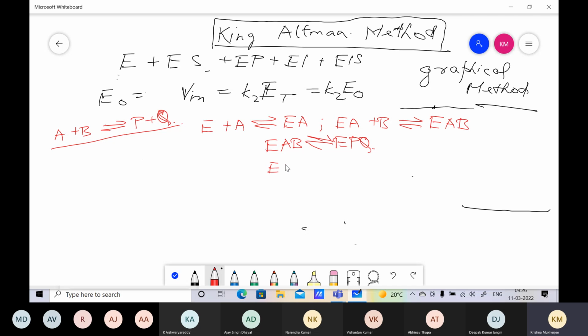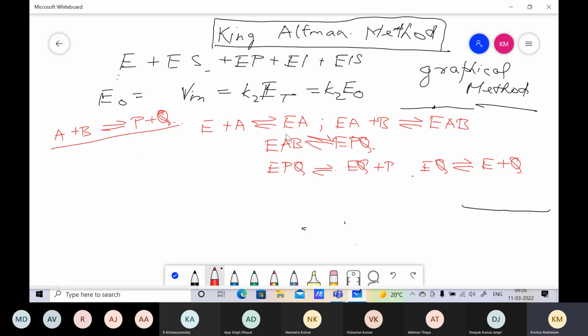And then this EPQ lets go of the two products again in a sequential fashion. So it is EQ plus P, and then EQ gives up the Q, giving E plus Q. Let us take this example, and we want to develop a reaction kinetics scheme.